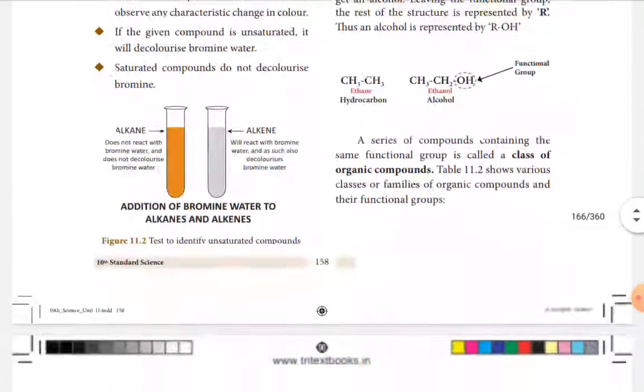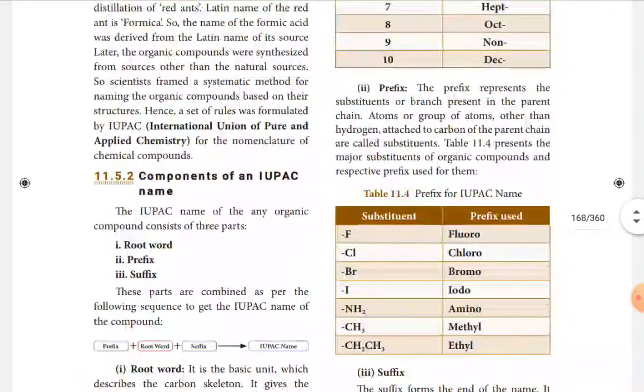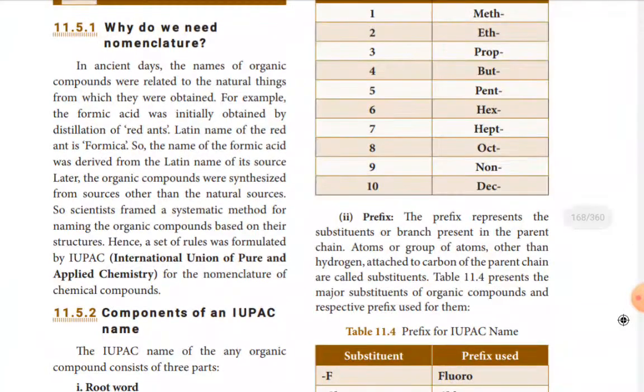In ancient days, the names were given based on the source from which they were obtained, their original source. For example, formic acid. The name is based on the original source, formica.